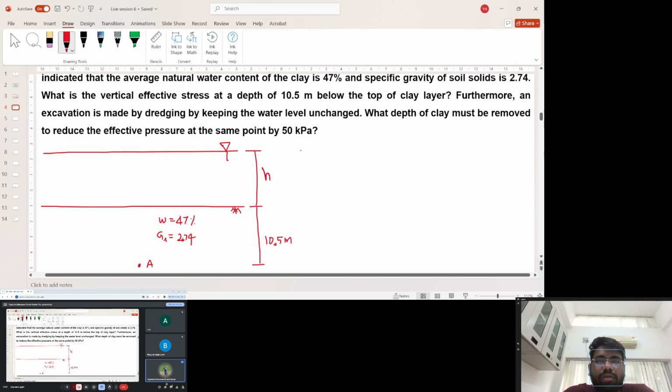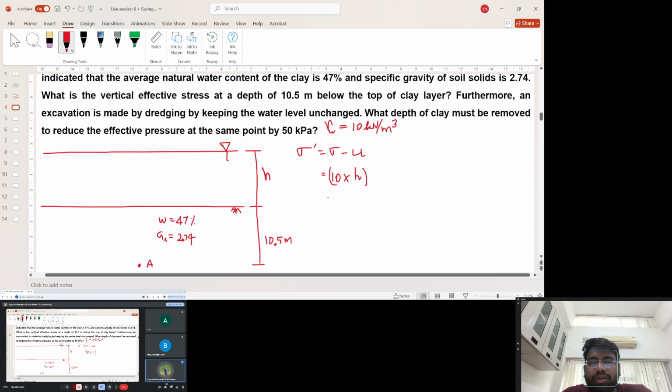Now we have to compute sigma dash, which is sigma minus u. Let gamma w be 10 kilonewton per meter cube. Now this is 10 into h.